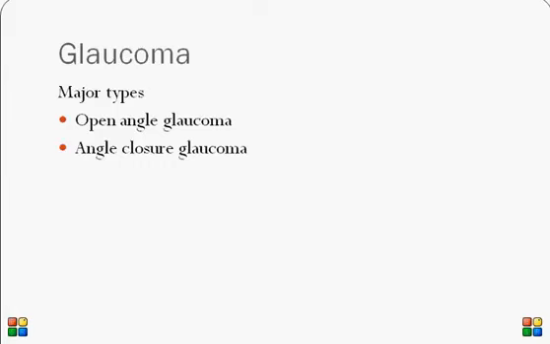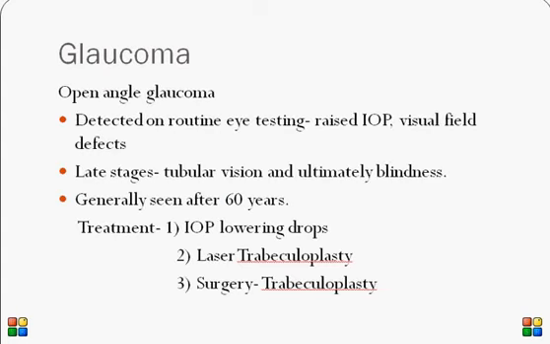Whereas in angle closure glaucoma, there is a contact between the iris and the cornea, which is called iridocorneal contact, which prevents the aqueous that is normally produced from draining. The presentation of these two types of glaucomas is totally different. You will see how they differ now.